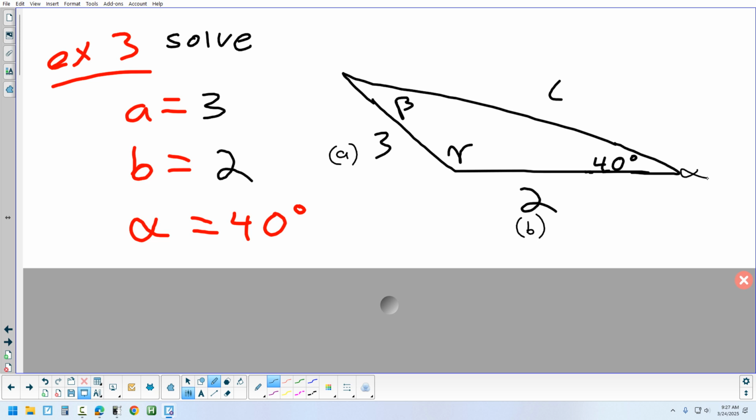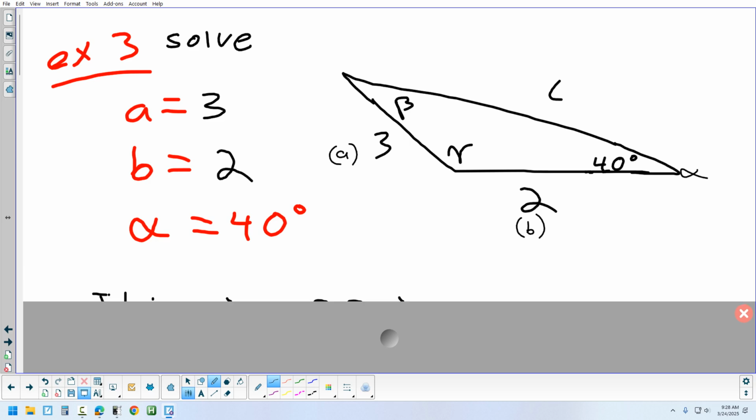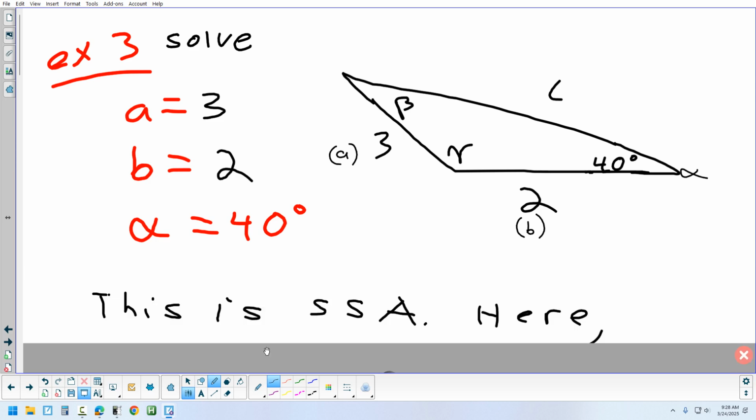If I had given you gamma, well, I have not taught you how to solve that yet. If you've done law of cosines, then yeah, you would know how to do it. But if not, then the law that I taught you today would not work. Okay, but I didn't give you gamma, I gave you alpha. So this is side-side angle.